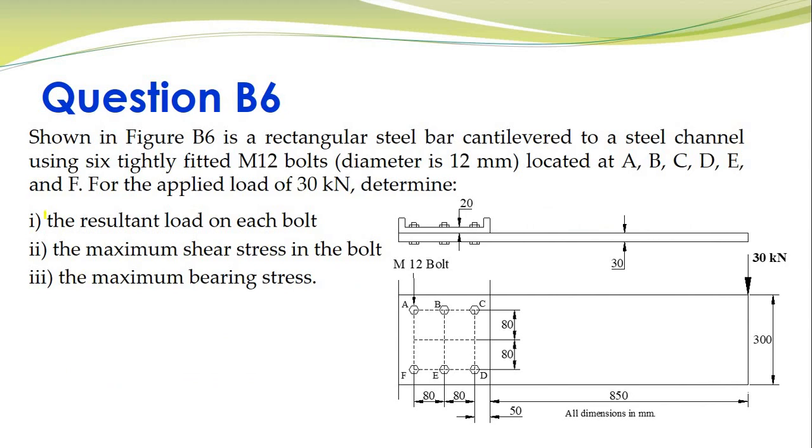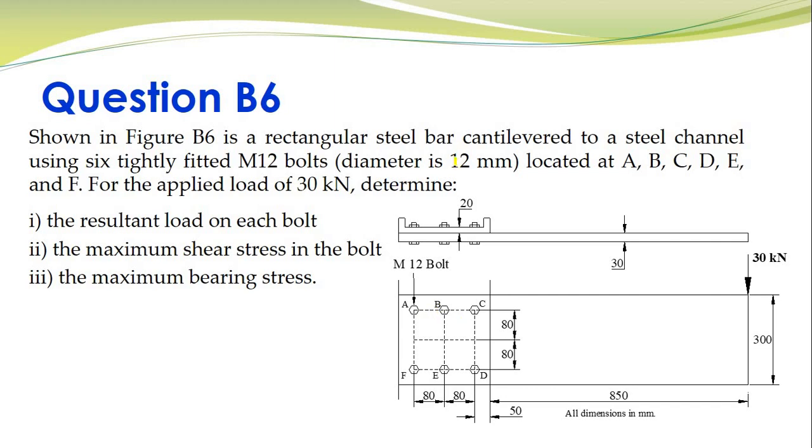Moving on to the last question, which is question 6. As shown in the figure, you have a rectangular steel bar which is cantilevered to a steel channel. So this is your bar and this is your channel, and it is held in place using 6 M12 bolts.